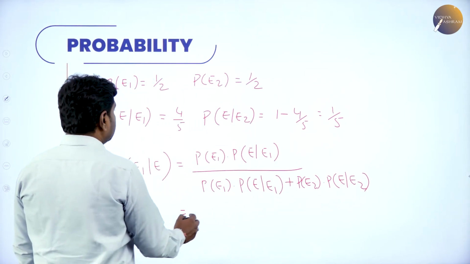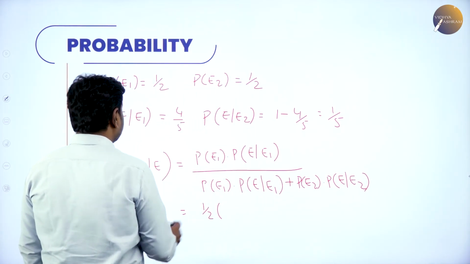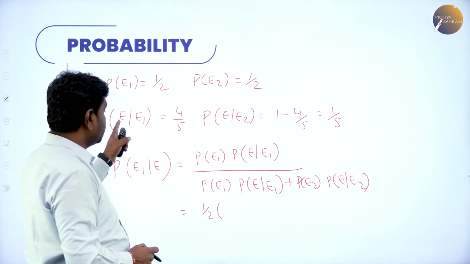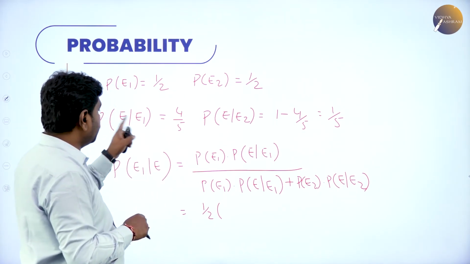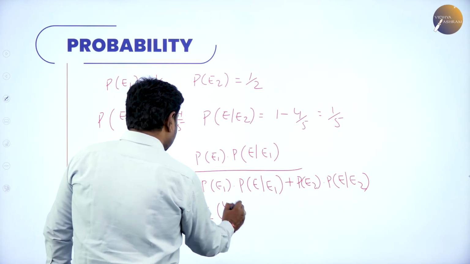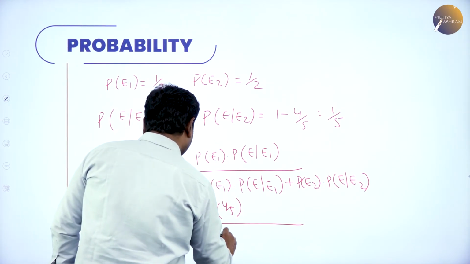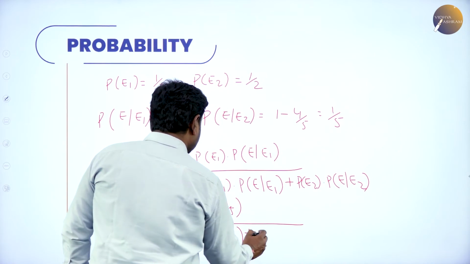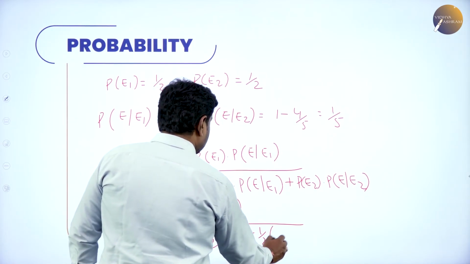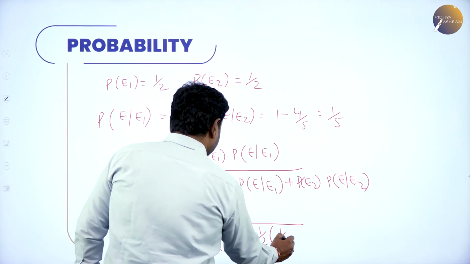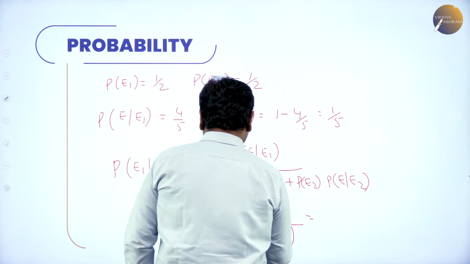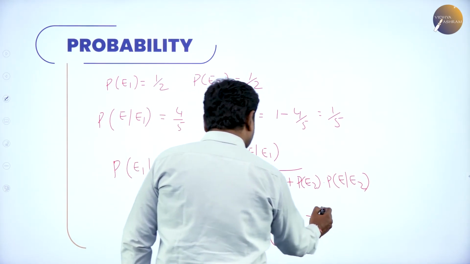So P of E1 is half. P of E by E1 means what? Head appears, he reports head, that is 4 by 5. Denominator first term is same, 1 by 2 into 4 by 5, plus next 1 by 2 into P of E by E2, that is 1 by 5. Simplify this. So 2 ones are 2, 2 twos are 4, so numerator is 2 by 5.